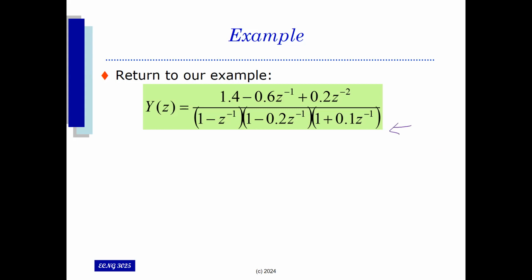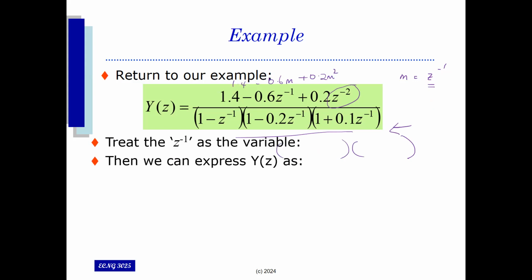But remember, one of the things we said is that if you are uncomfortable with this, you could let m equal z to the minus 1, so that this expression would be 1.4 minus 0.6 m plus 0.2 m squared, the same thing below. Then you could do the factorizing and make the substitution back. This was like training wheels for using z minus 1. But once you're accustomed, I would prefer that you use the negative index form.